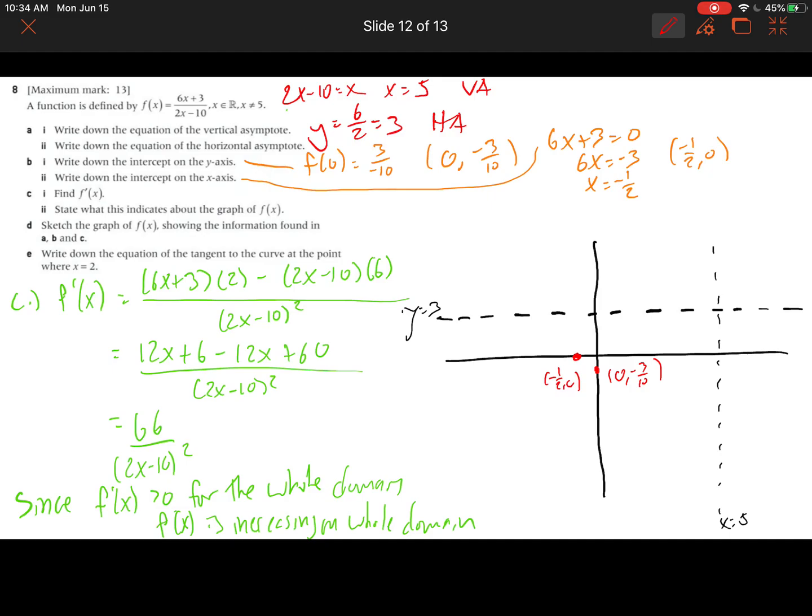This does not look like it's lining up with what I said about our derivative. Did I do something wrong taking my derivative? I don't think that I did.